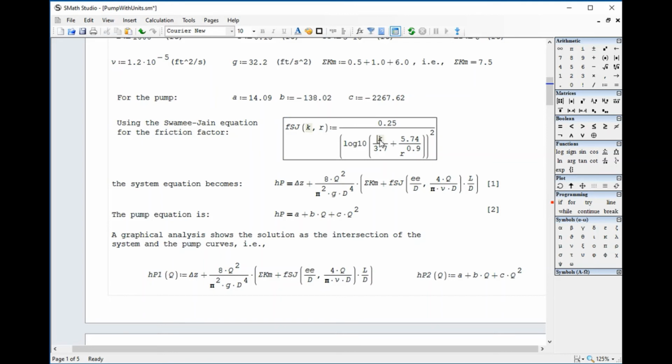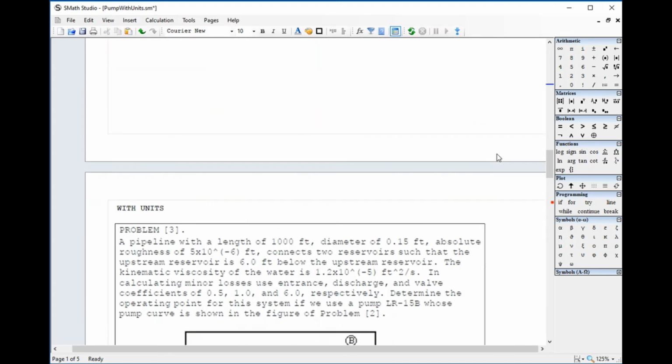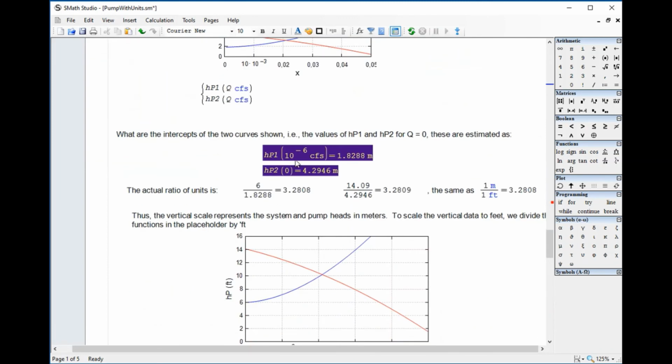The K value is epsilon over D, and the Reynolds number R is V times D divided by nu. It goes into the denominator, so when we get a 0 discharge, we get a 0 velocity, and that's going to blow up. So I cannot use 0 exactly, but I use a small value, 10 to the minus 6. I could try 10 to the minus 10, for example, and it gives me the same result.